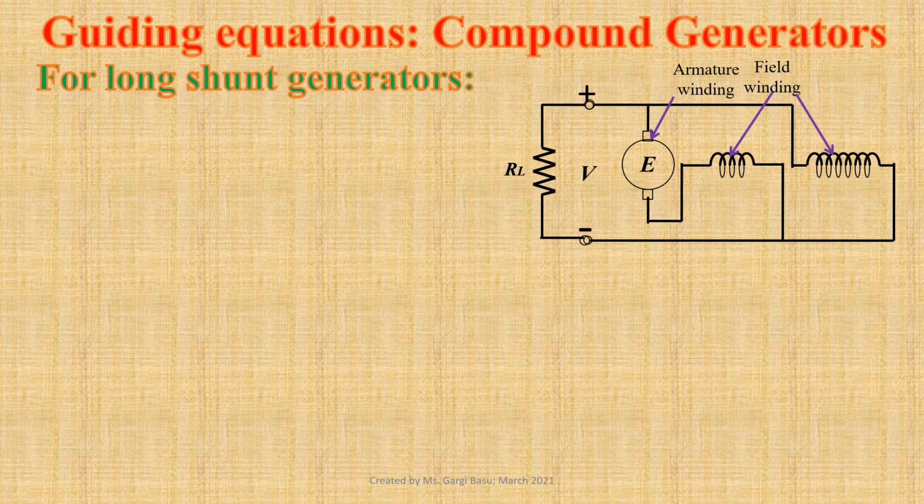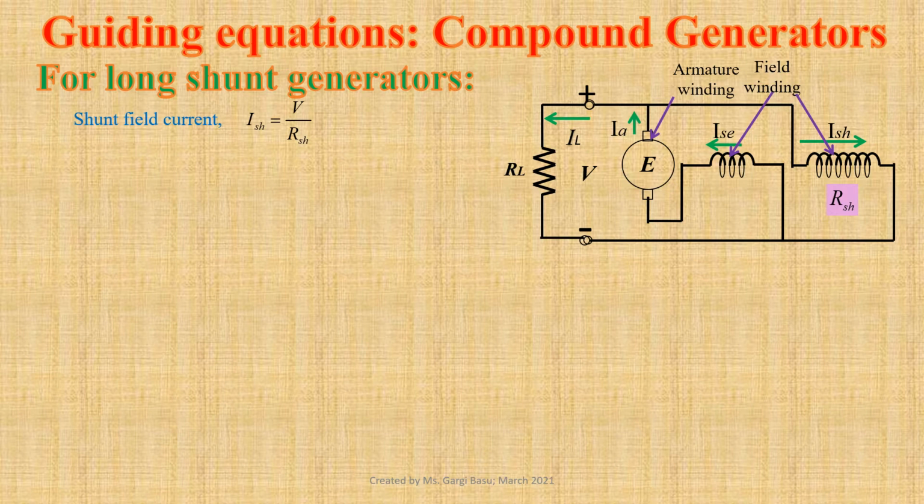Let the currents flowing through armature winding, series field winding, shunt field winding and load be IA, IAC, ISH and IL respectively. Here shunt field current ISH equals V by RSH, where RSH is the resistance of shunt field winding and V is the terminal voltage.